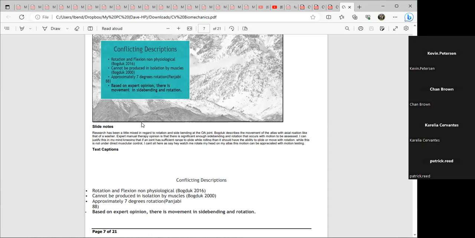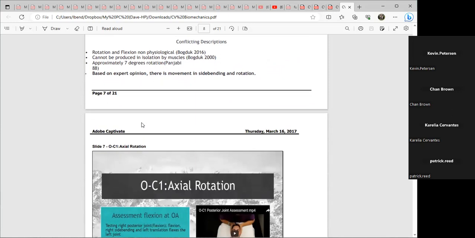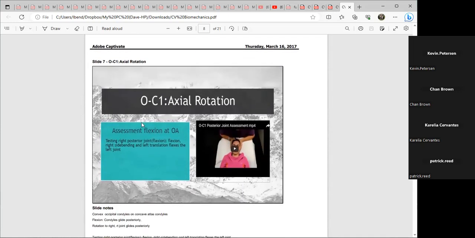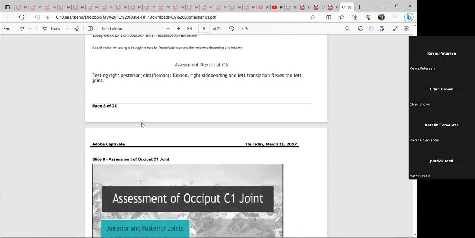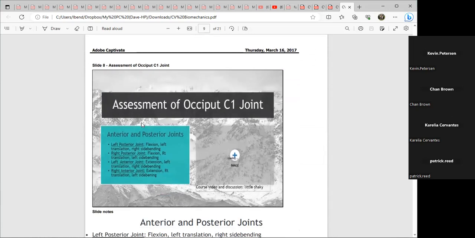That cannot be produced by a specific muscle if we're looking at rotation or lateral flexion. Panjabi came up with approximately 7 degrees of rotation, which again is probably not worth assessing in heavy detail, but just to get a sense that that motion exists.